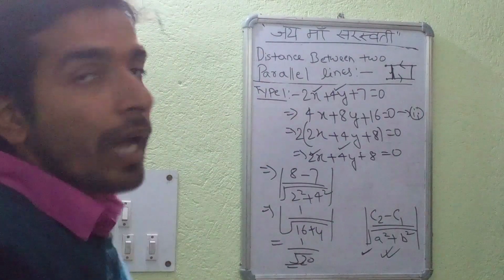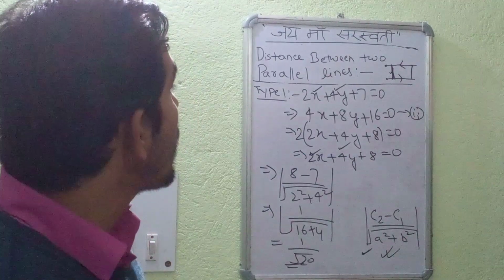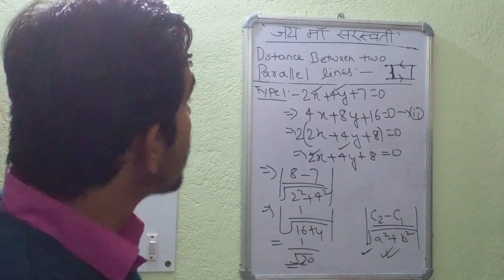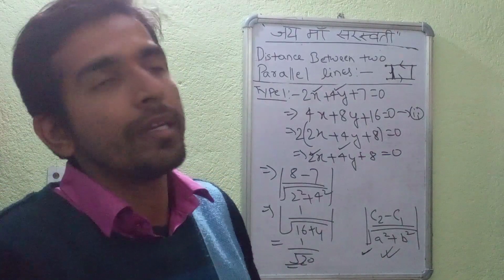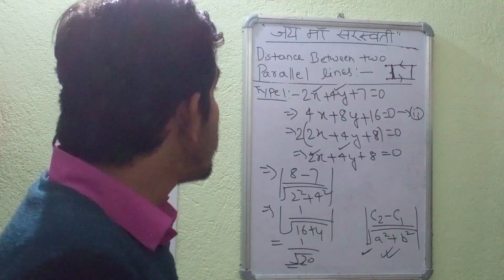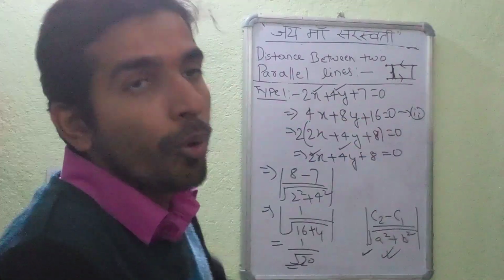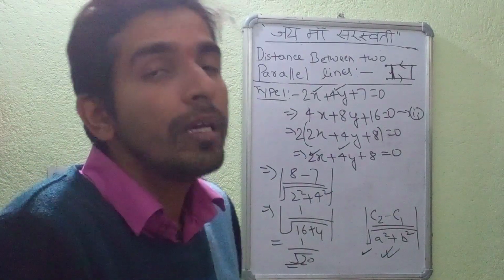So this is the type 1 question. This is the simplest question, in which there is a direct question to calculate the distance between two parallel lines when the coefficients are given. The constants may differ, but the coefficients will be equal because we are considering parallel lines.